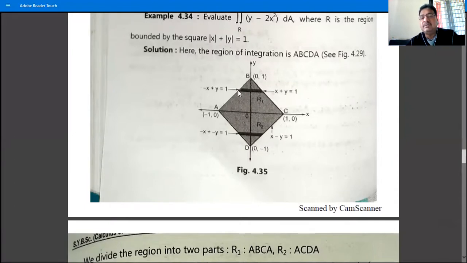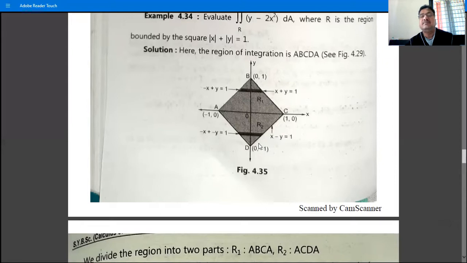Why? Because if we take a strip parallel to the x-axis, then up to the line AC, one end touches the line -x + y = 1, and the other end touches x + y = 1. But after the line AC, the left end touches another line, and the right end also touches another line.